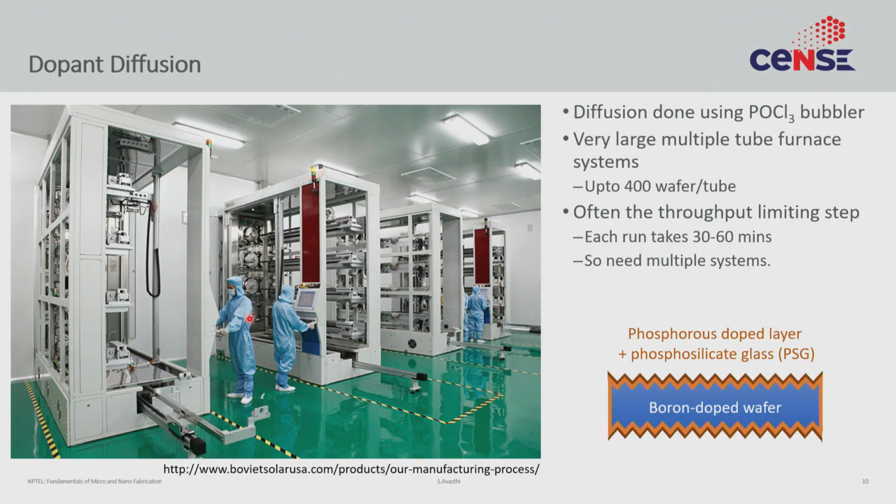Throughput is really, really important. But still, diffusion is a slow step. It takes at least 10 minutes to make a diffuse film, and you have to then give some time to load and unload and stuff like that. So overall, you need so many systems, right? Because the fundamental step is limited in its throughput, you have to compensate by having a lot of such equipment, and that increases the cost.